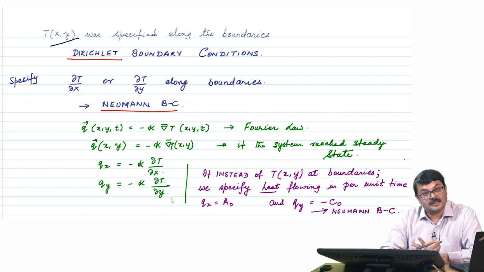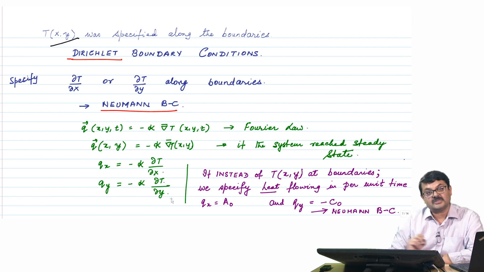And then the question is, how would you solve the Laplacian with the appropriate boundary conditions and get your heat or temperature profile as a function of x and y? That is what we are going to discuss today.